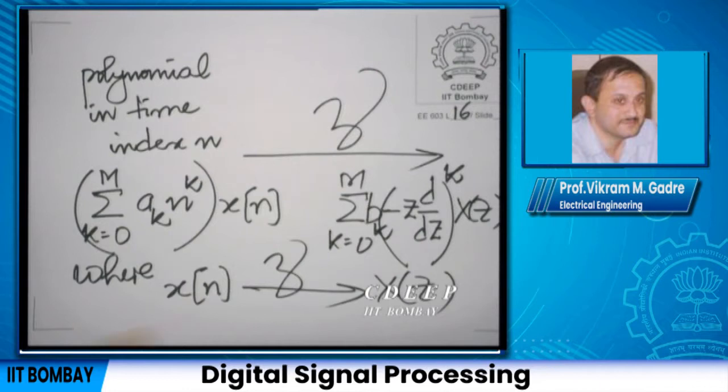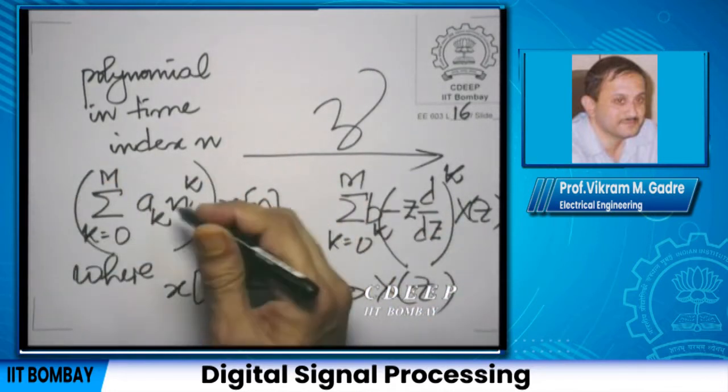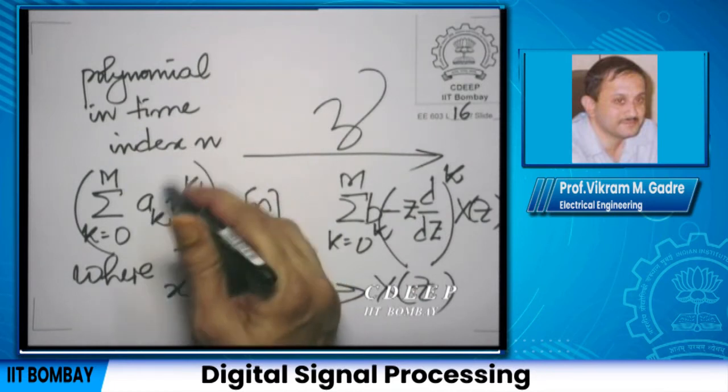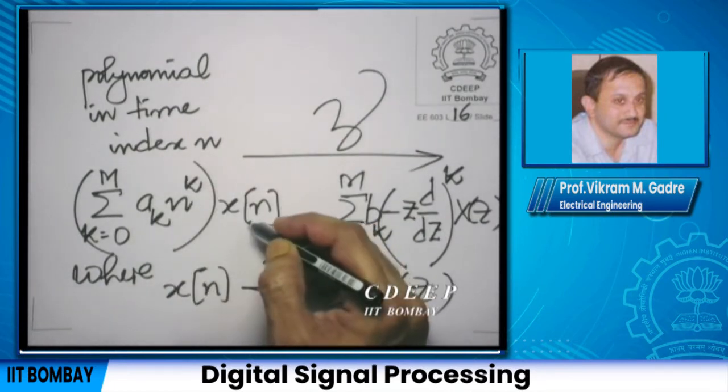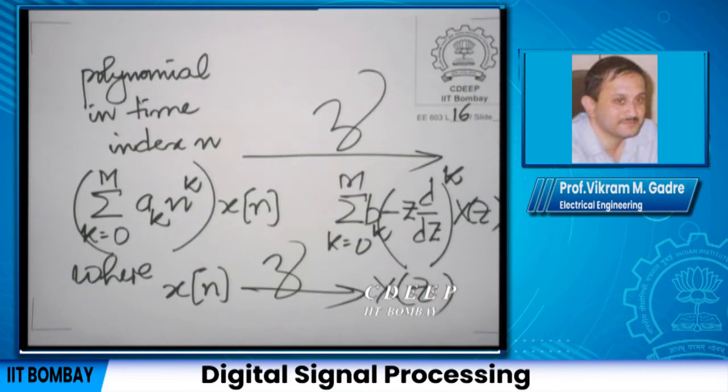So, essentially there is a one-to-one association in the z domain between a polynomial in the time index multiplying the sequence and a polynomial in this operator minus z d/dz operating on the z transform. I have also asked you to put down this relationship precisely by using inductive reasoning; I have left it to you as an exercise.